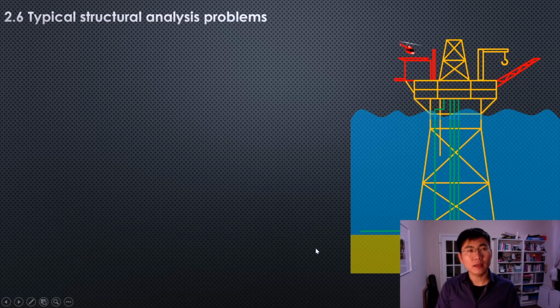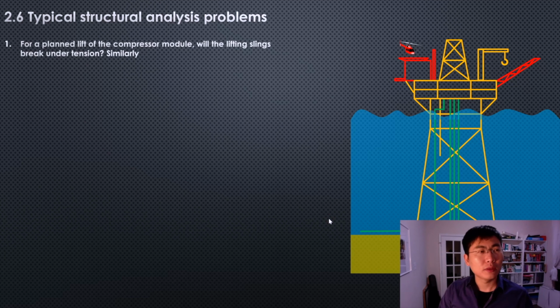Well, with that being said, let's look at this cartoon and look at it again to find out the typical structural analysis problems analyzed here. So the first one is for a planned lift of the compressor module: will the lifting sling break under tension? So we need to understand how much weight that compressor module has.